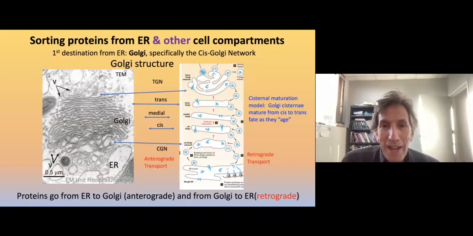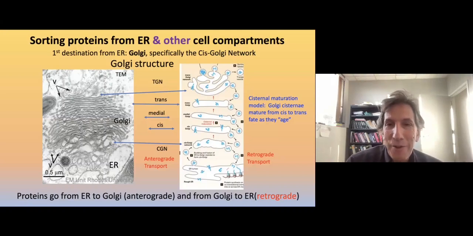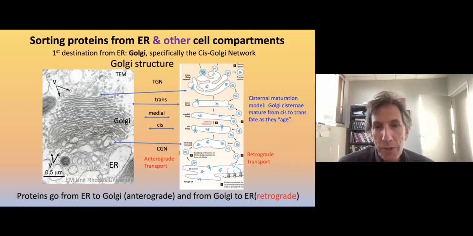Okay, we are back, and we want to talk more about the Golgi, what it's doing and how it's structured. One of the principal roles of the Golgi is protein modification.